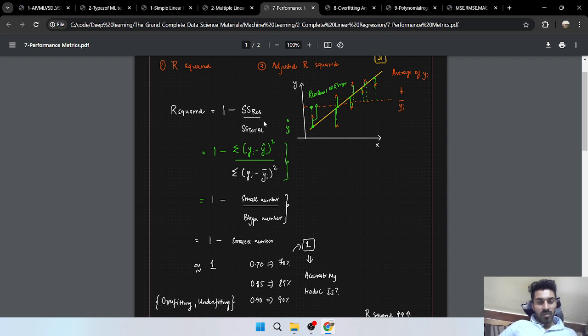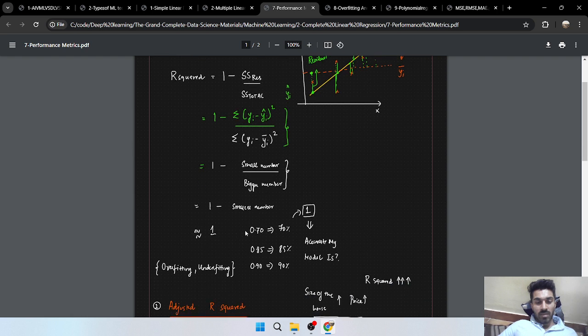SSRES means the sum of residuals, which is the sum of errors, and SS total is the total error. The residual error is actual minus predicted, and the total error is actual minus mean. This is the formula, and if you put the values in this equation you will get some accuracy like 0.70, meaning 70%, or 85%, or 90%.